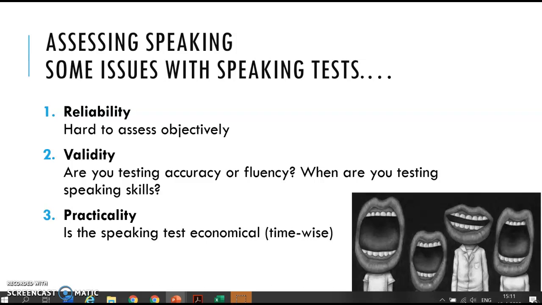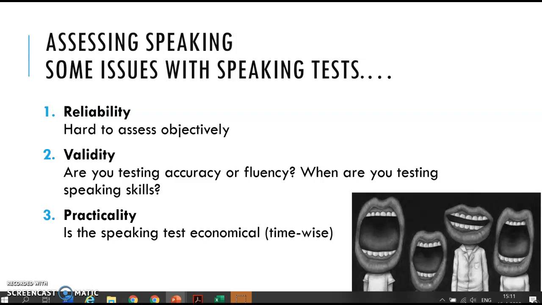So when are you actually testing speaking skills and fluency? Could it be that you should be testing or looking for communicative success rather than how accurate things are said?